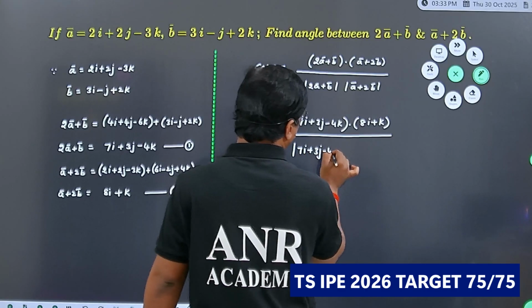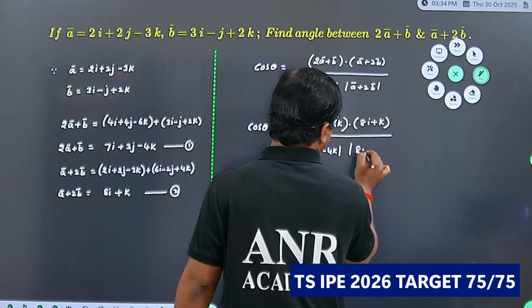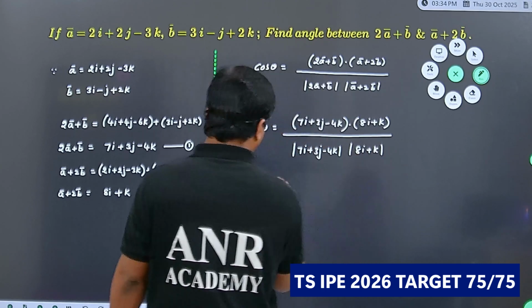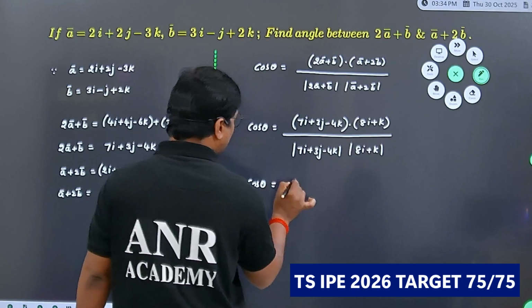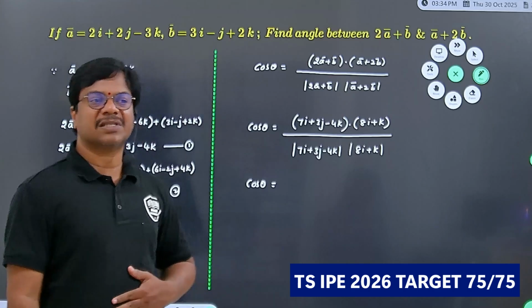In the denominator part, magnitude of two vectors, 8i plus k here. On simplification, numerator, dot product of two vectors is defined by a1 a2 plus b1 b2 plus c1 c2.